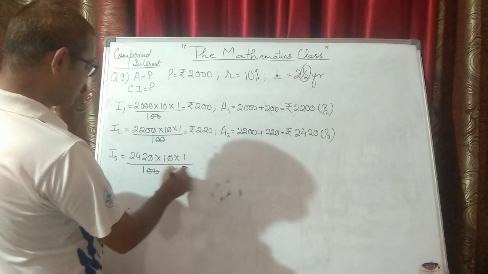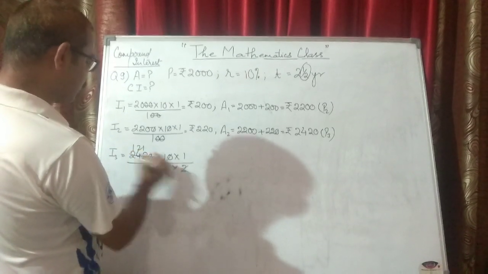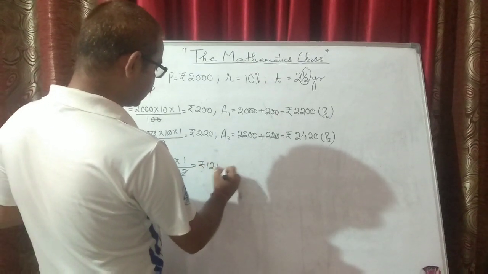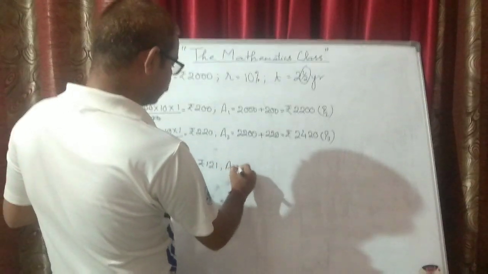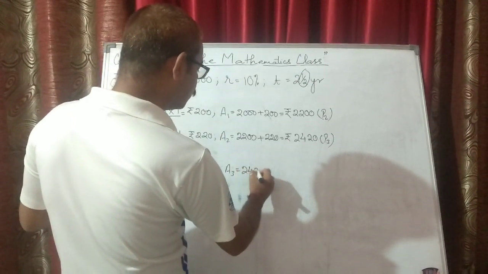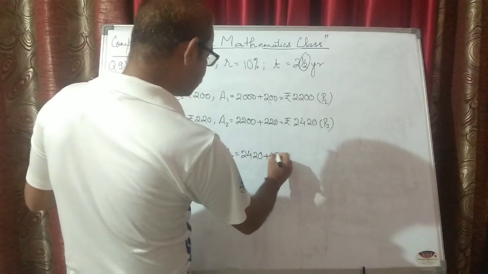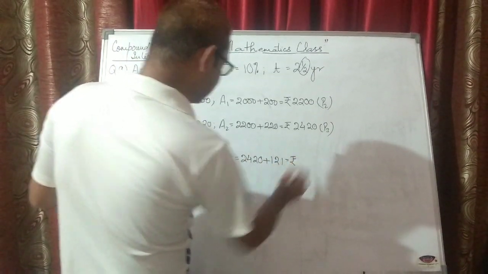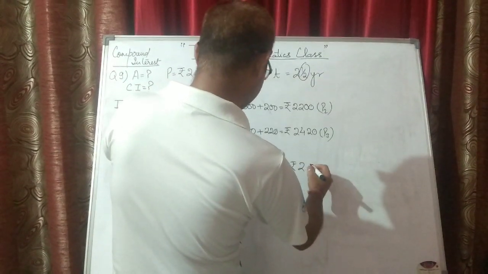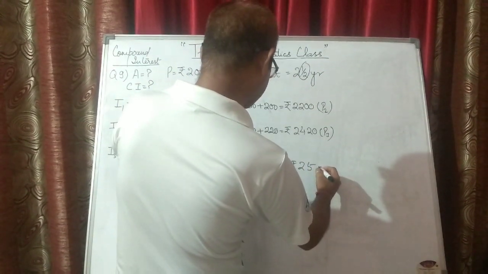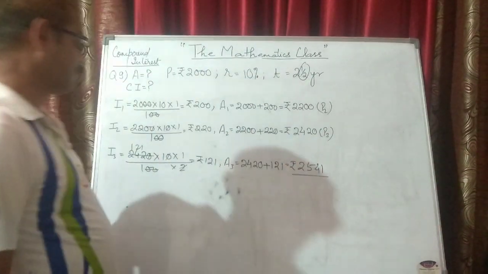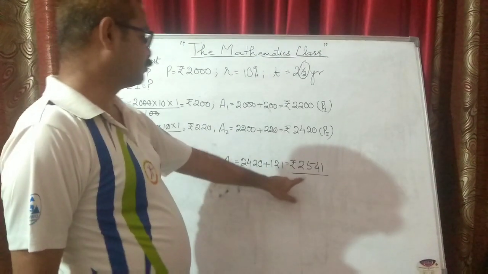The zeros cancel, 121. So interest is rupees 121. So the amount after the third year is 2420 plus 121, that is 2541. That is the amount at the end of the third year.